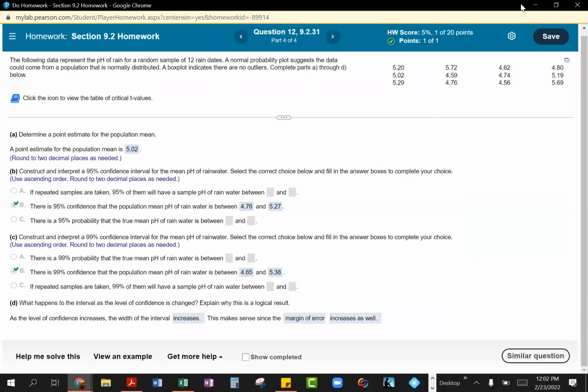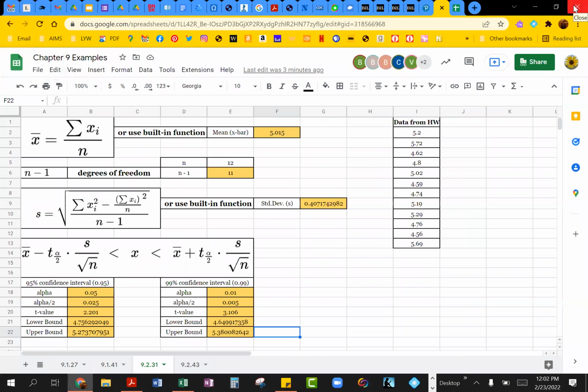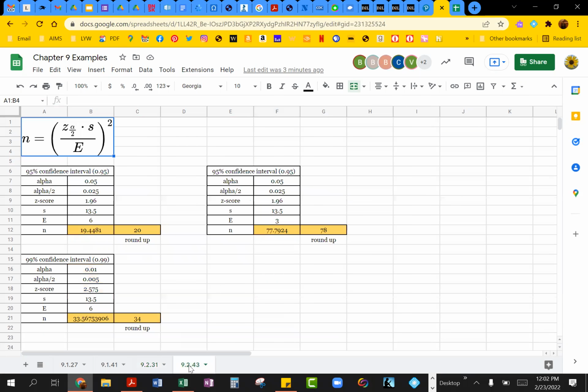Now, I wanted to show you an example from chapter 10. And just to let you know, there is another example here, 9.243, which deals with sample size and the different confidence intervals.